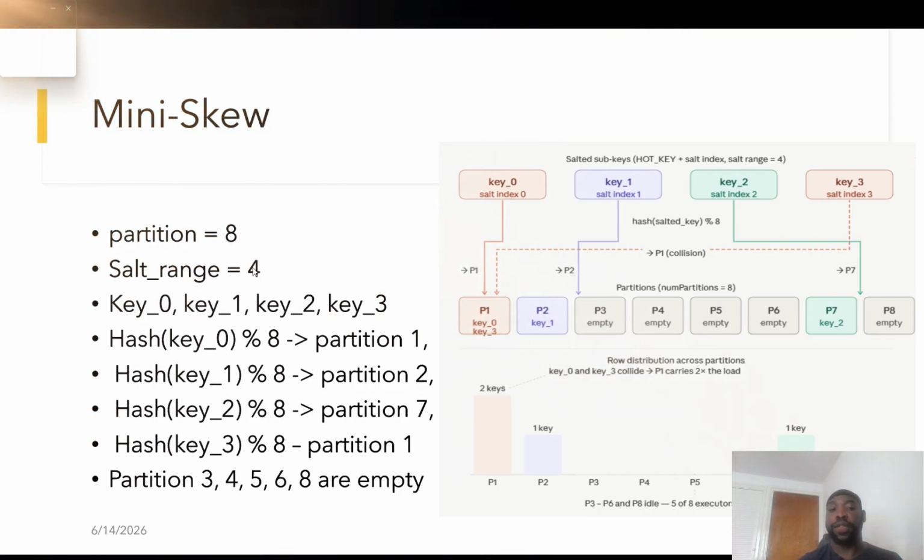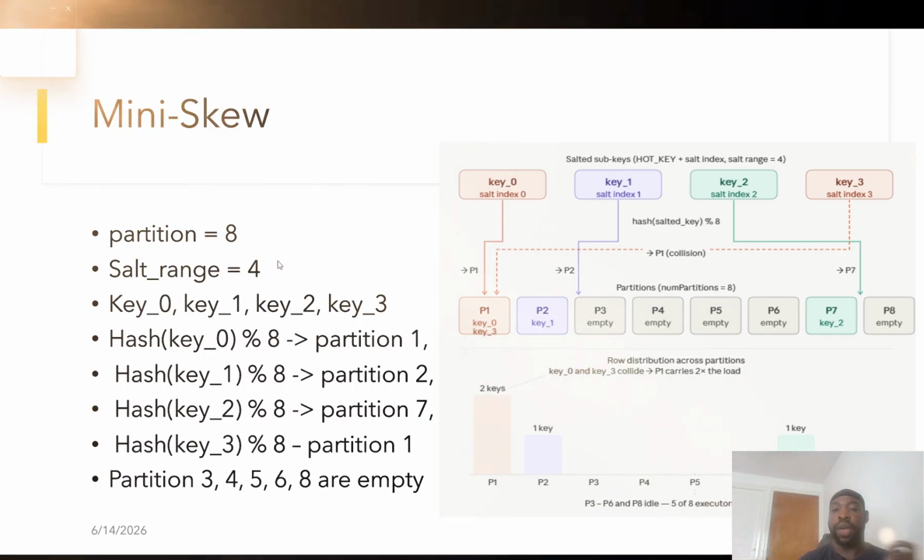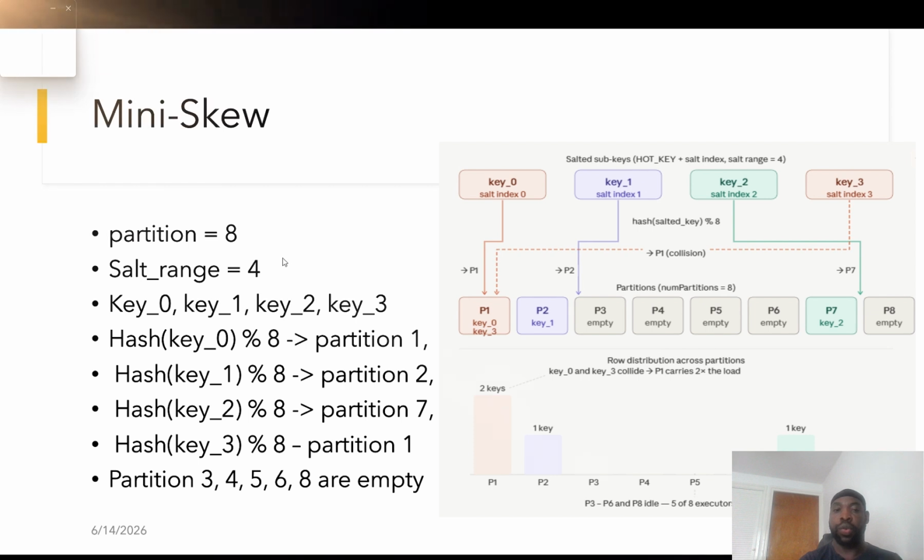If you divide 8 by 4, or say 8 modulus 4, it's going to give you 0. So there's not going to be a remainder. That is why you need a prime factor. That is where the prime factor technique comes in.